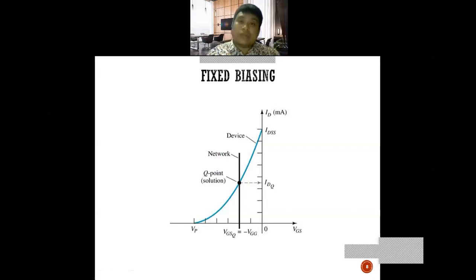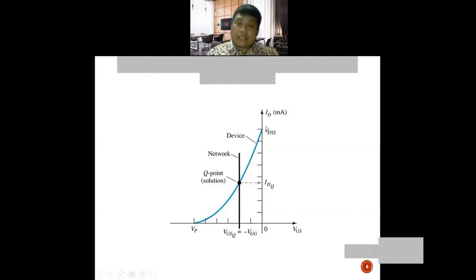From IDSS, and knowing VP, we can find the IDQ, or Q point, for the solution. The Q point has y value IDQ and x value VGSQ equal to negative VGG. When you get VGG, negative VGG equals VGSQ. You can then find the Q point solution.